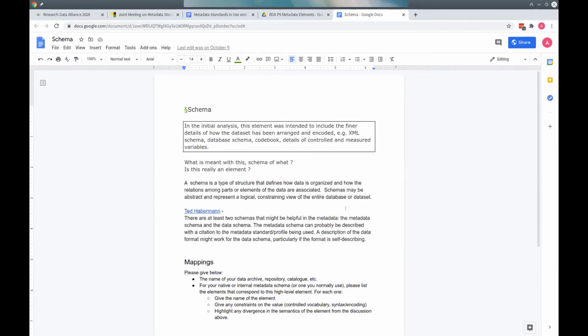There's a tabular data package standard from the Open Knowledge Foundation. So these are things that are within scope for us, and I think we've been grouping these so far under the broad heading of schema. For several of these elements, the name that we give them is sometimes not representative of the scope that we're imagining for them. But yes, these are the kinds of things that go under schema.